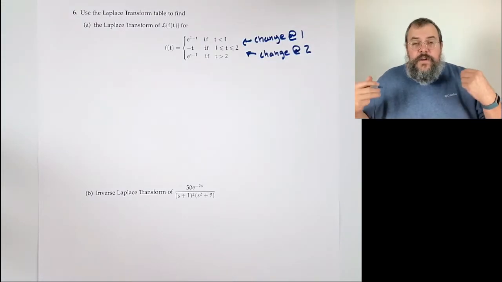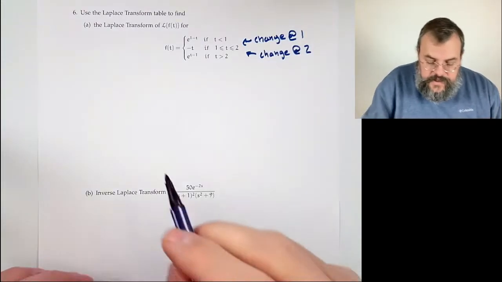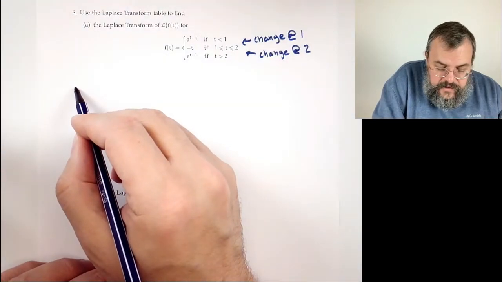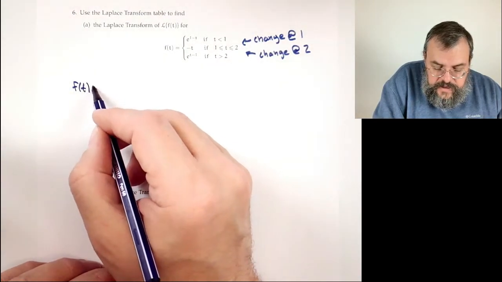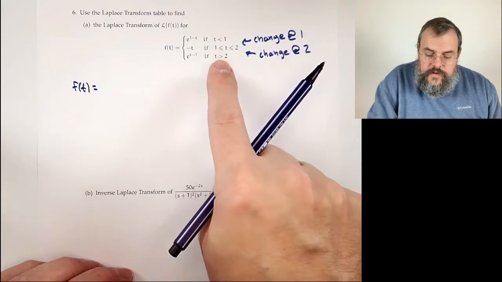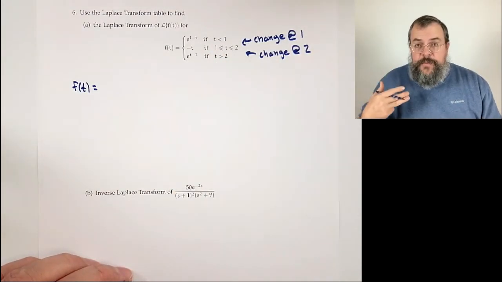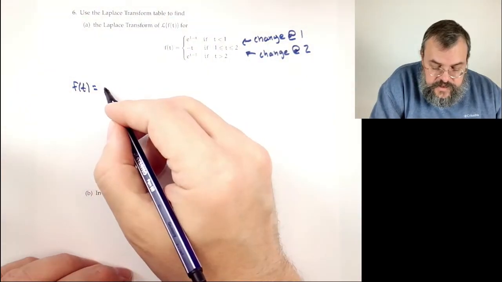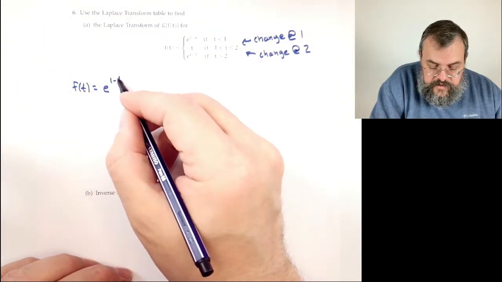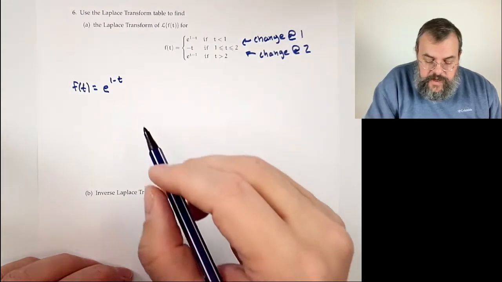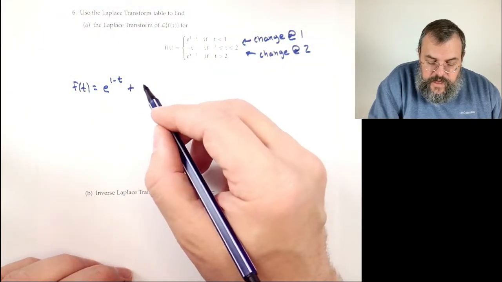So what we're going to do is write our function in the following way. f of t is what's happening before our first change. So what's our function initially, starting from time 0? It's e to the 1 minus t, no big surprise. Plus, now we have a change at 1.